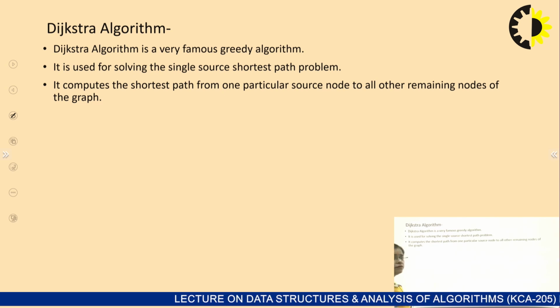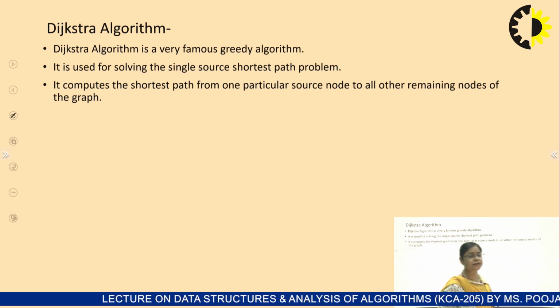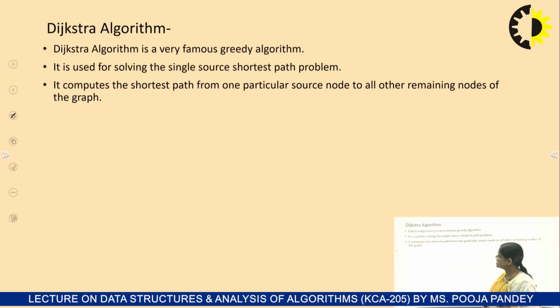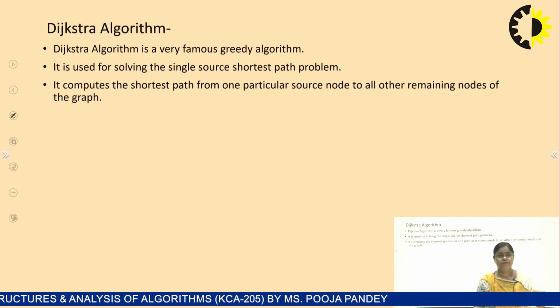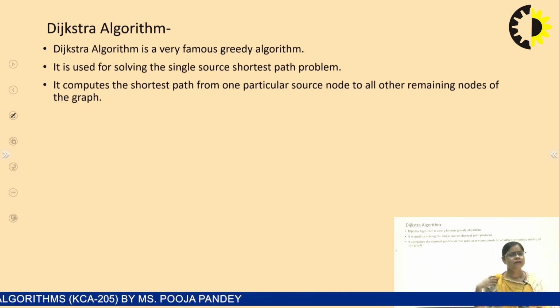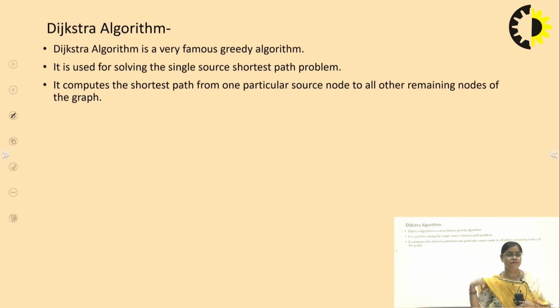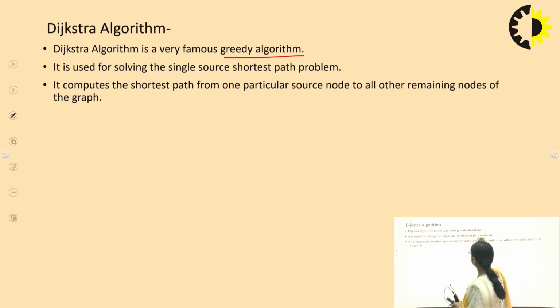Now, we are coming to the main topic, that is your Dijkstra algorithm. That is what my lecture is on, this Dijkstra algorithm. What is Dijkstra algorithm if I say? Dijkstra algorithm is a very famous greedy algorithm. Greedy algorithm, right?